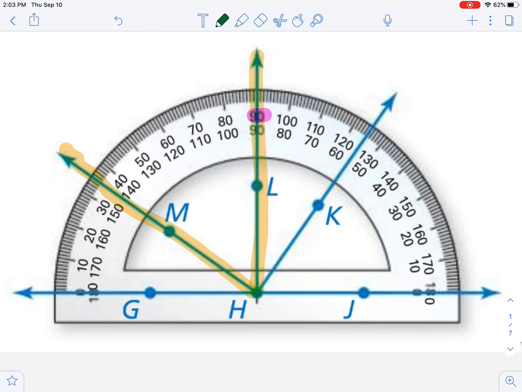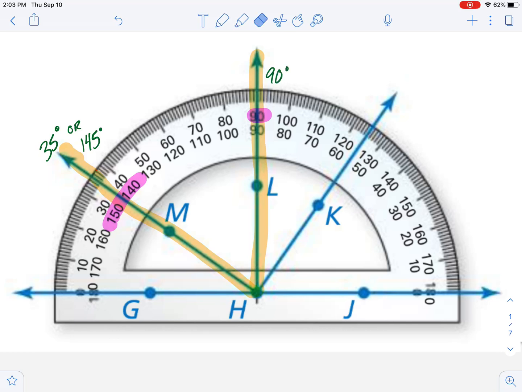So this is either 35. You can see here halfway between 30 and 40 is 35, or halfway between 140 and 150 is 145. So it's either 145 or it's 35. And this angle up here is going to be 90 either way.